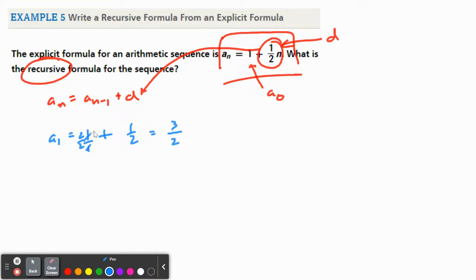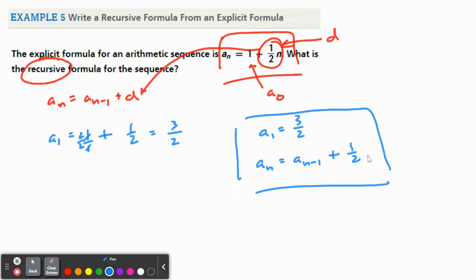And this is your first term. So again, I just simply took this 0th term, the y-intercept, if you will, and I added the slope. I added the common difference one time. So when you answer this question, they'll want the first term, which is 3/2, and then they'll want the recursive formula, which is this format, a sub n equals a sub n minus 1 plus the common difference of 1/2. And that's it.